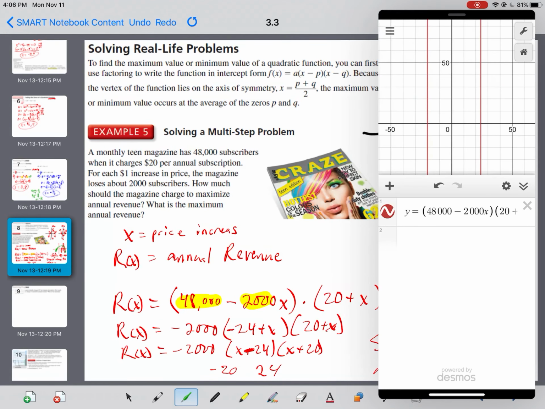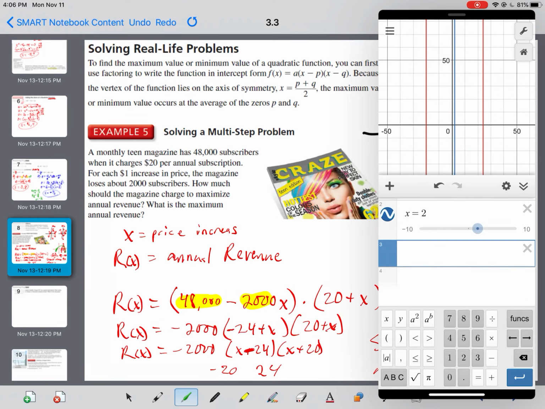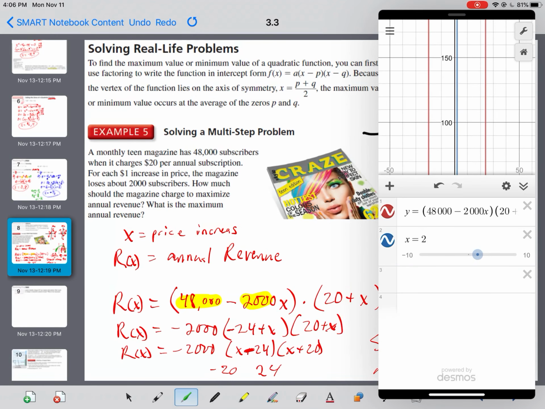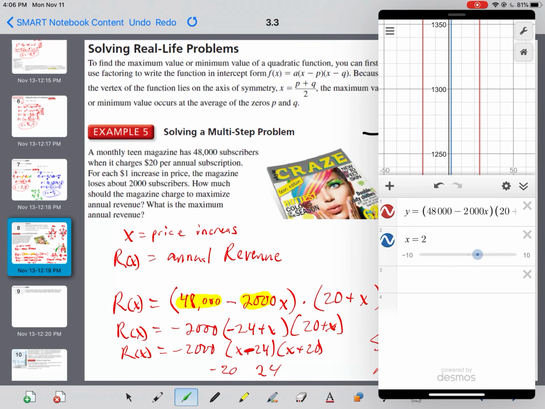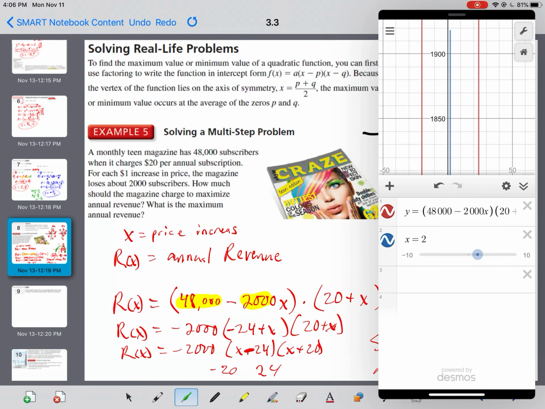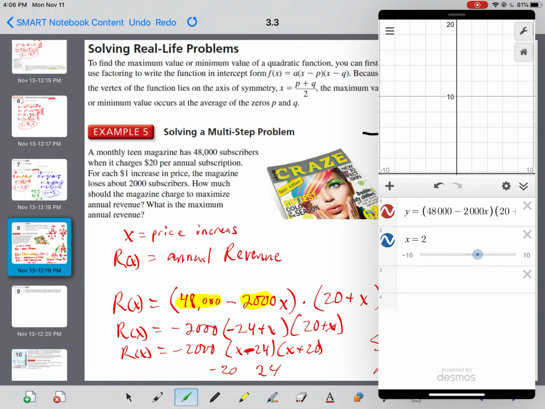Okay, so I'm going to go back to the main graph, and I'm going to say, what if we make x equals 2? And then where do they intersect? This is also not a good way to do that.